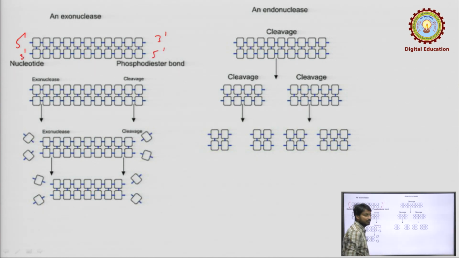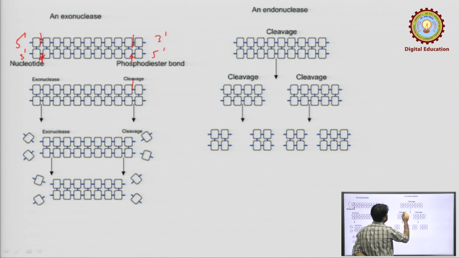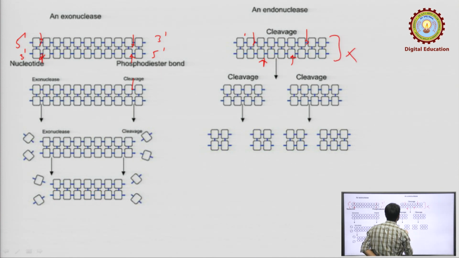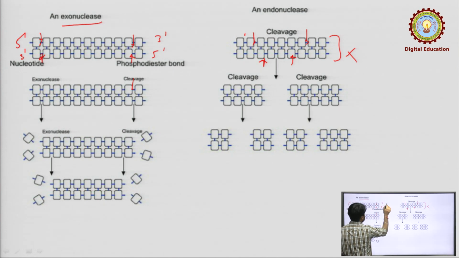Exonuclease will cut only from the ends, whereas endonuclease can cleave from anywhere inside, in between the strand, not from the ends.